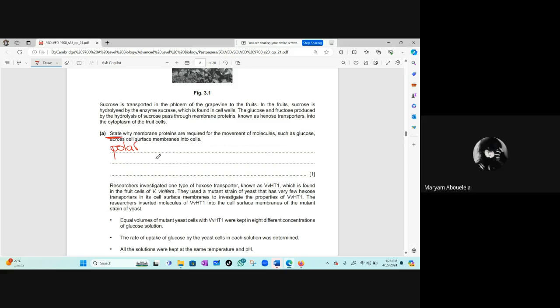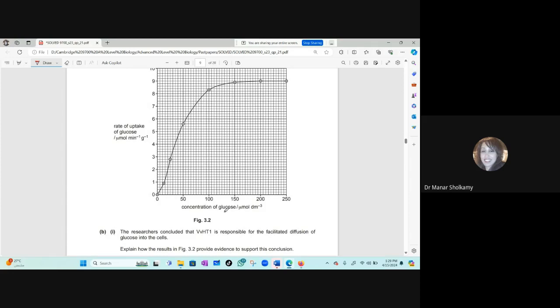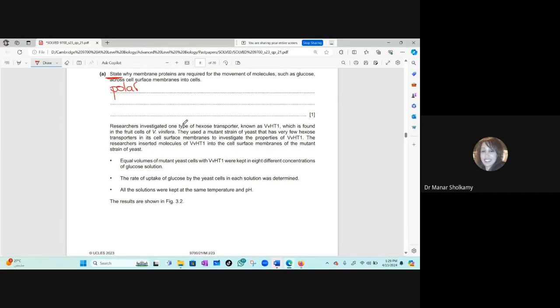Hydrophobic. Okay, now we have a graph here. We have the concentration of glucose on the x-axis and the rate of uptake of glucose. I have to read the question, unfortunately. Researchers investigated one type of hexose transporter, which is a membrane protein, found in the fruit cells of this plant.